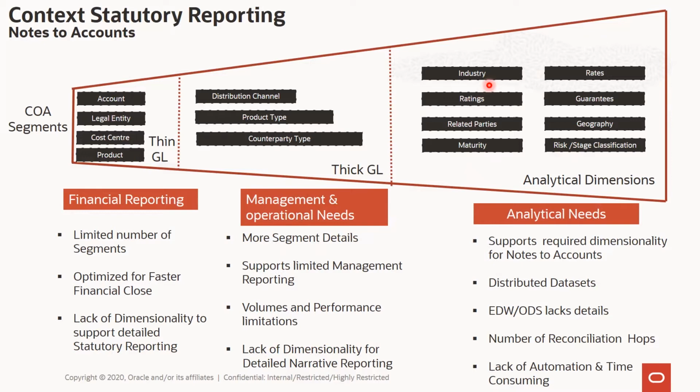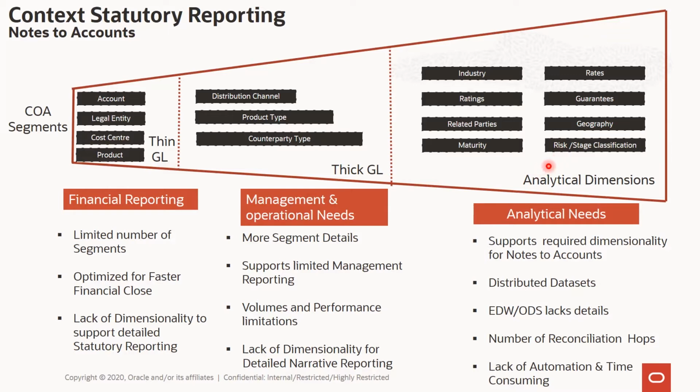For example, divulging your notes to accounts on your industry classification, related parties, or even maturity profiles. To also share with your stakeholders information across your guarantees, geographical information, or even stage classification of your accounts and their migration from high risk stage 2 to stage 3.